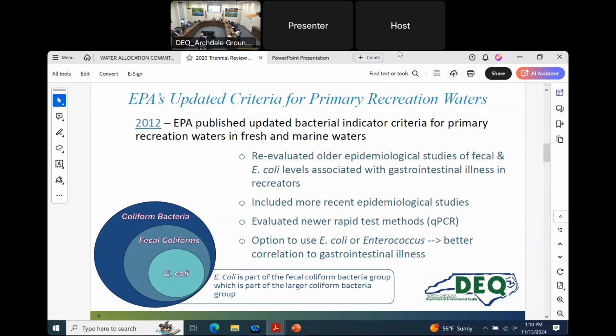They included some additional, more recent epidemiological studies into that data set. They evaluated some new rapid test methods such as qPCR, and they also provided states an option to use either E. coli or Enterococcus bacteria as more updated, more recent bacterial indicators that better correlate to the rates of gastrointestinal illness in recreators recreating in surface waters.